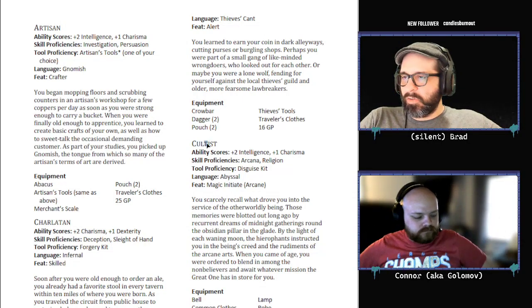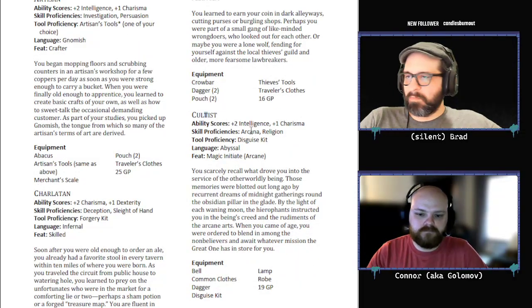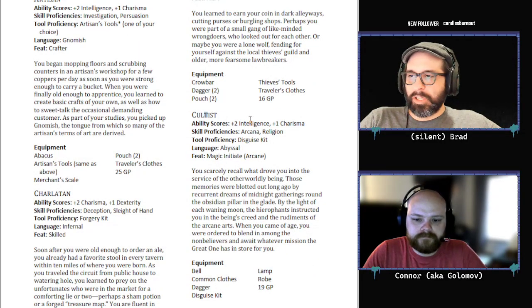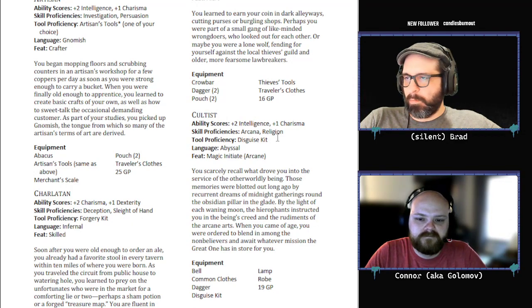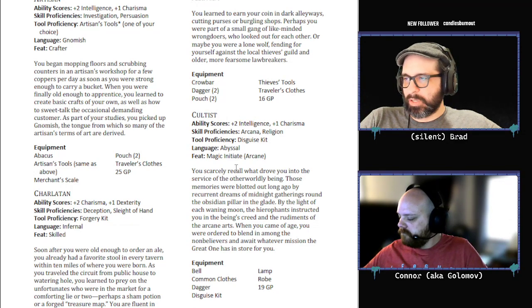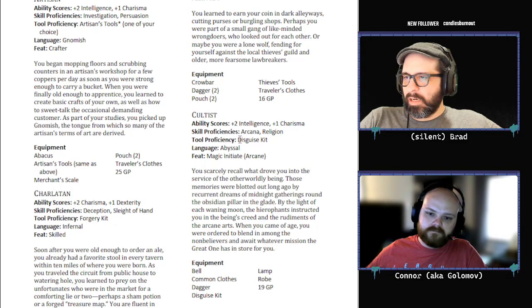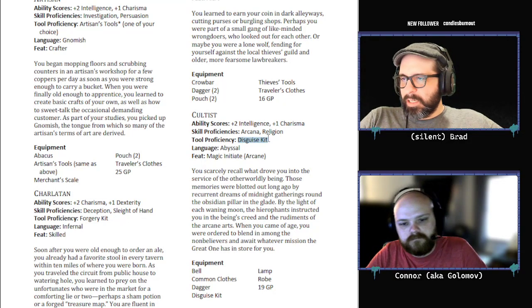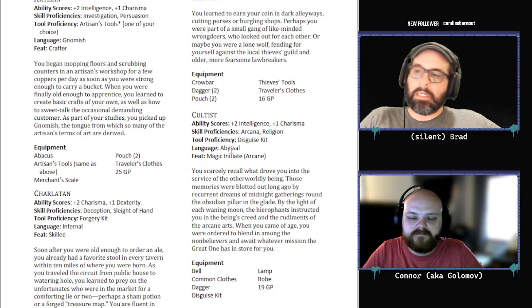So the new one, cultist: int and charisma, arcana and religion. So just like criminal, both going for intelligence skills. Disguise kit, because you don't want people to know you're in a cult.